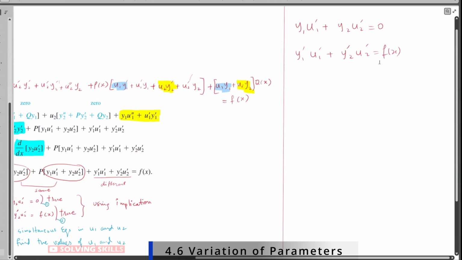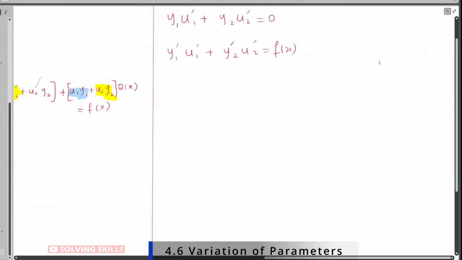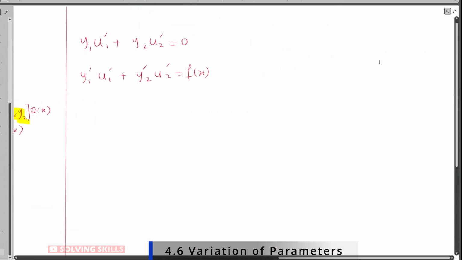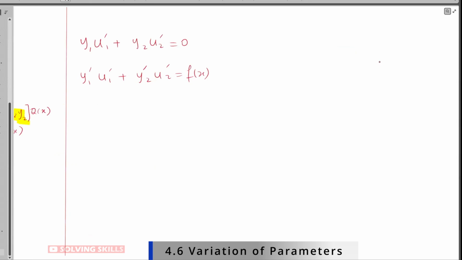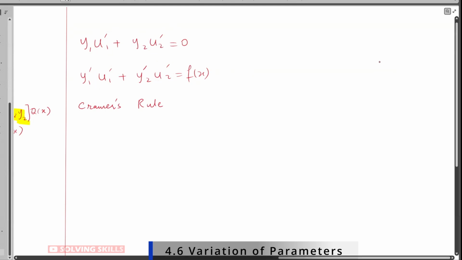Now, when you have two simultaneous equations, you might remember from linear algebra that you can use Cramer's rule to solve them, although you can do substitution as well. In this method, Cramer's rule is used, because u1 prime and u2 prime are common, and the rest are considered coefficients.